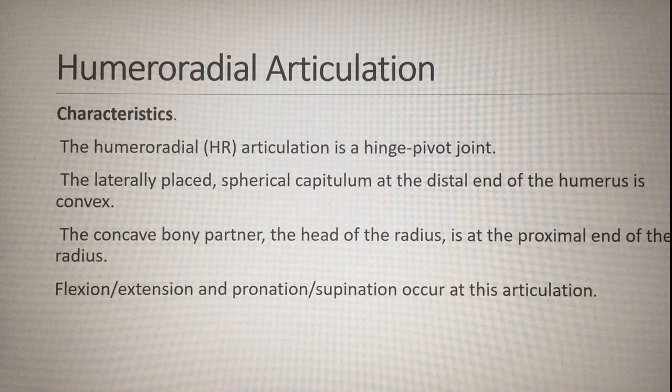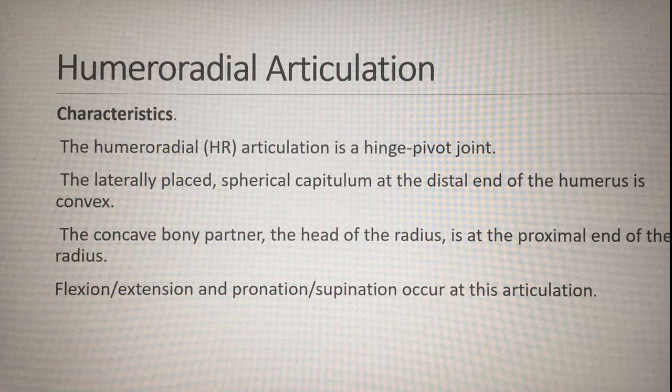The other articulating surface is the concave trochlear fossa on the proximal end of the ulna. So the concave trochlear fossa on the proximal end of the ulna and the convex trochlea at the distal end of the humerus, these two articulating surfaces make up the elbow joint. The concave trochlear fossa faces upward and anteriorly, 45 degrees from the ulna.